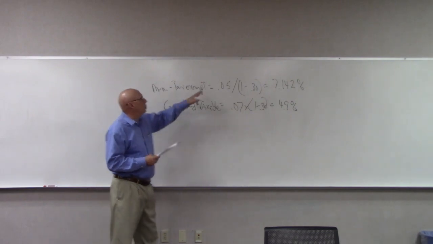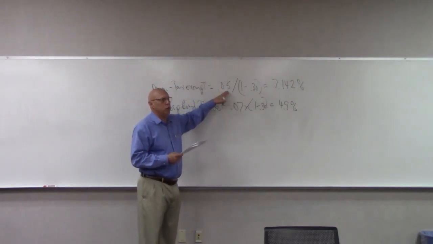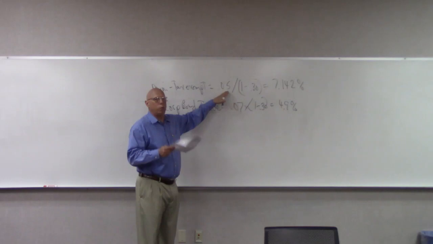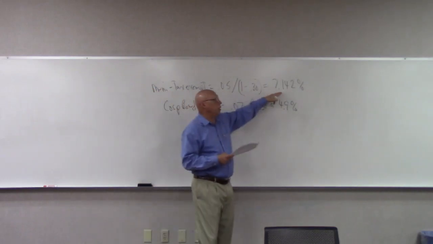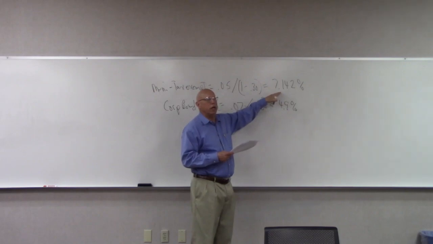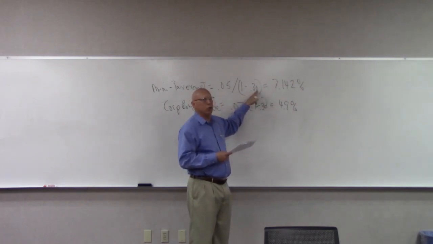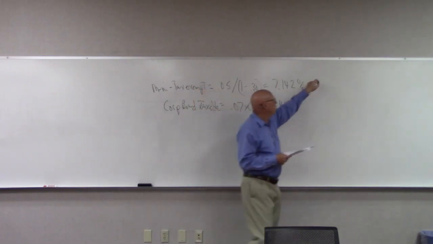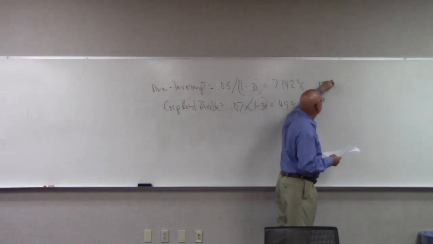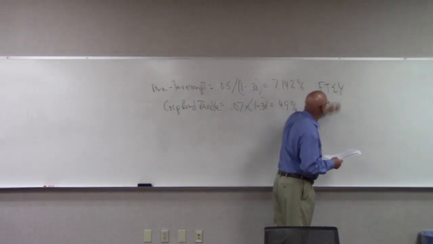So, if you want to compare a 5% municipal bond to a taxable corporate bond, you have to mark it up. A corporate bond would have to yield this or more to have a higher yield than a 5% municipal bond if the investor's in the 30% tax bracket. This is the formula, the FTEY, fully taxable equivalent yield.